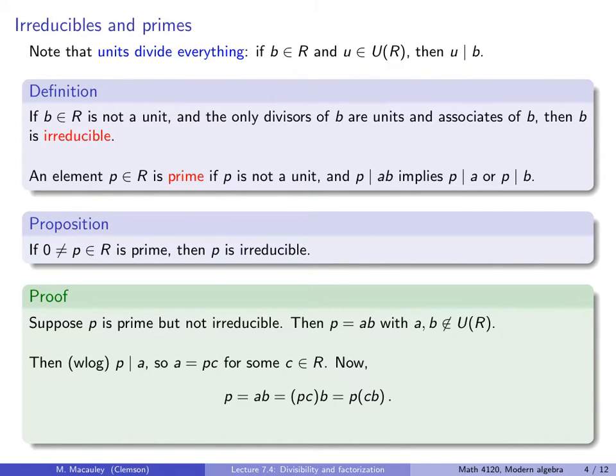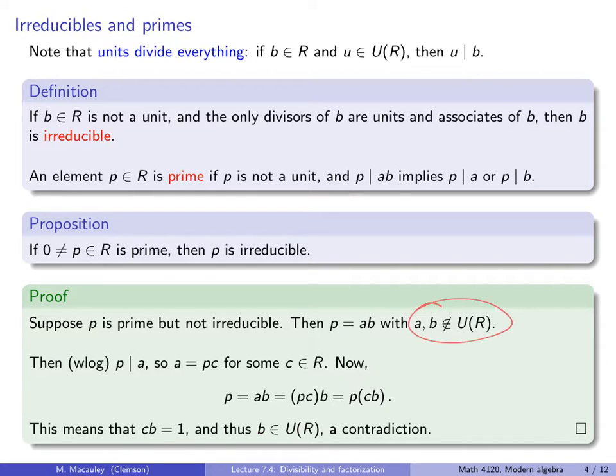So now we have p equals p times something else, cb, so cb must be equal to 1. And that means that b is a unit because c is its multiplicative inverse. So formally, this means that cb is equal to 1, and thus b is a unit, which is a contradiction to the assumption that neither a nor b were units.